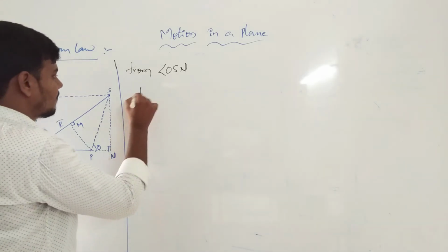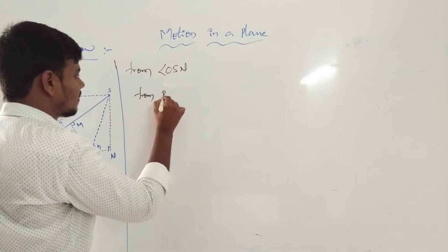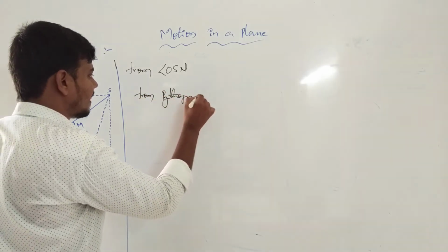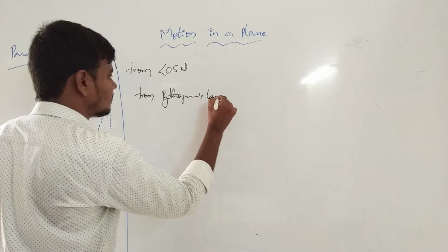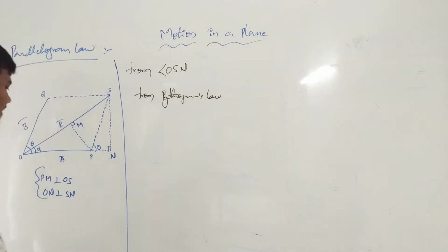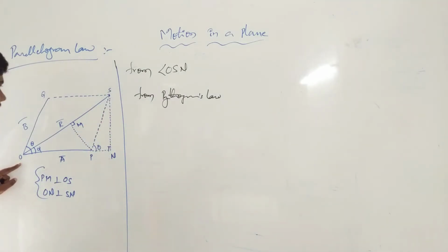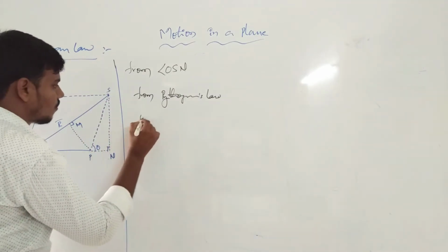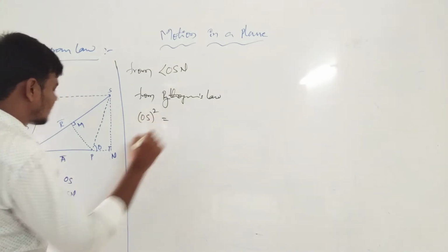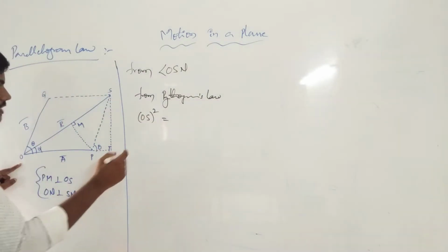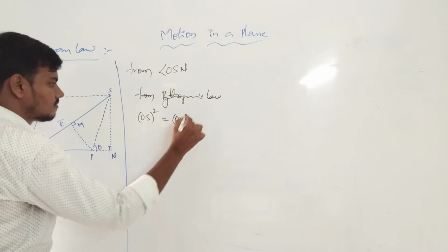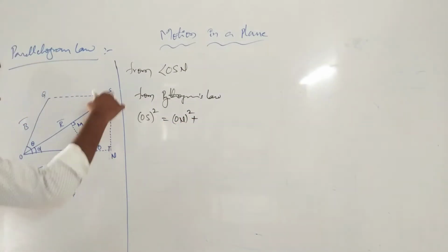From the Pythagoras law, OS square is equal to ON square plus SN square.